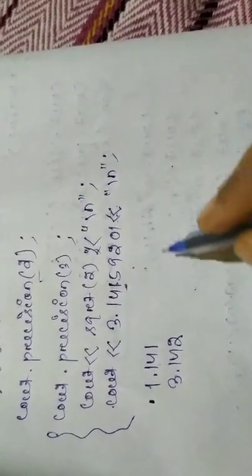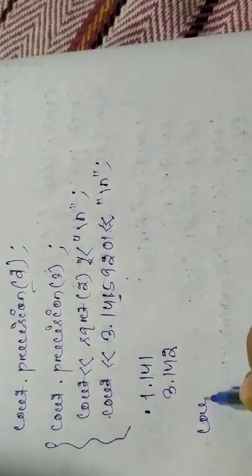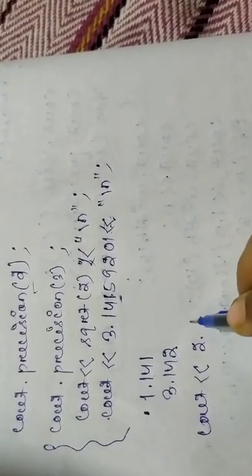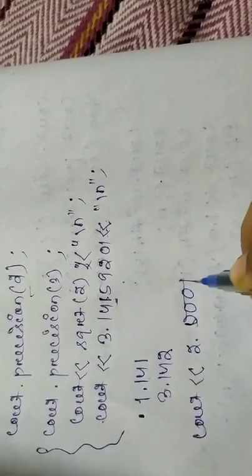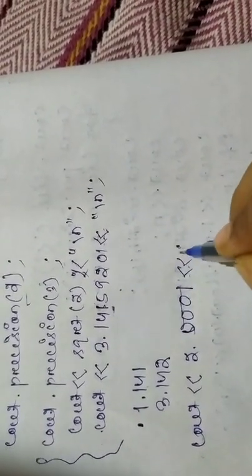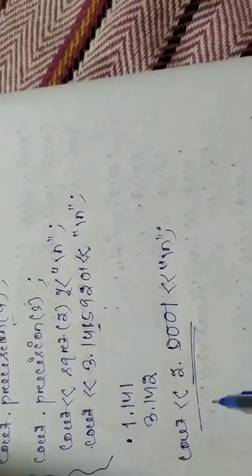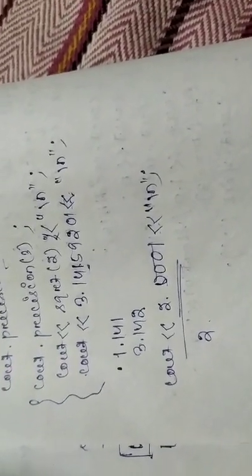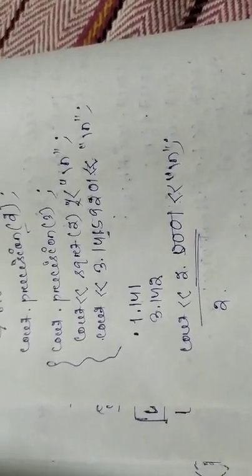And if we try to display 2.0001 like this, then what will be the output? The output will be 2, as there are no trailing zeros.